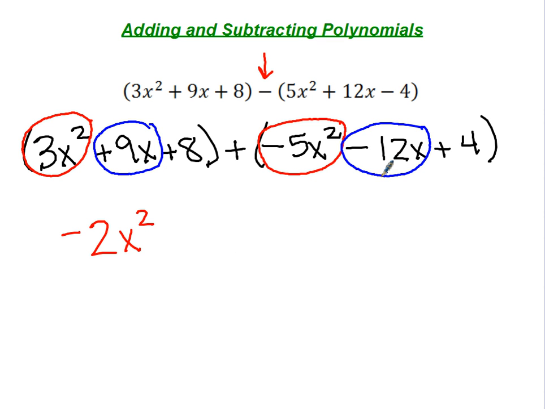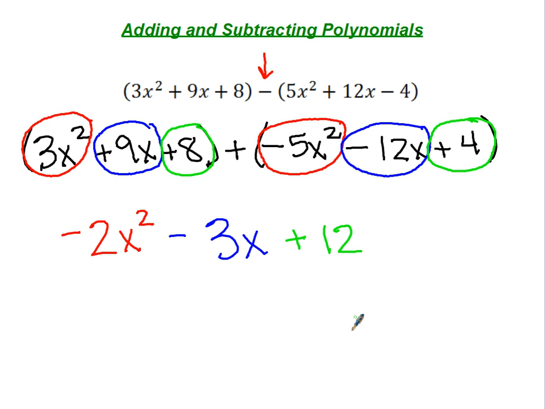So 9 minus 12 is negative 3x. And my last pairing is this positive 8 for my constant in the first one, and my positive 4 is my second constant, so that makes a positive 12. So then the difference between these two polynomials is negative 2x squared minus 3x plus 12.